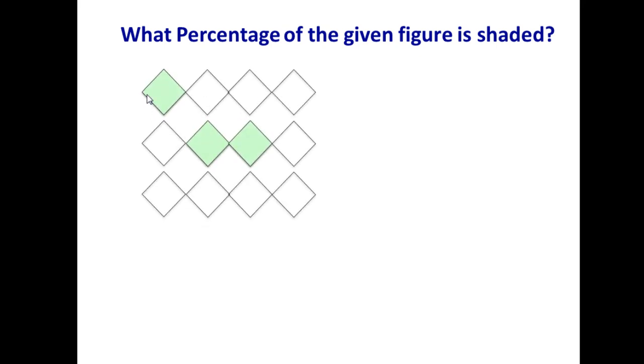Firstly, let's see how many squares or rhombuses are there. 1, 2, 3, 4, 5, 6, 7, 8, 9, 10, 11, 12. Total is 12. Okay. How many are shaded with the light green color? 3. So firstly, whenever the figures are given, write the fraction of the shaded portion, then convert it into percentage.